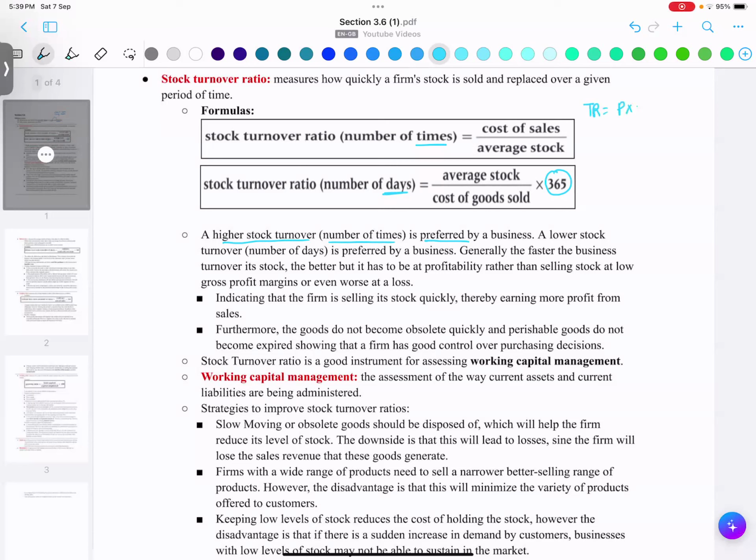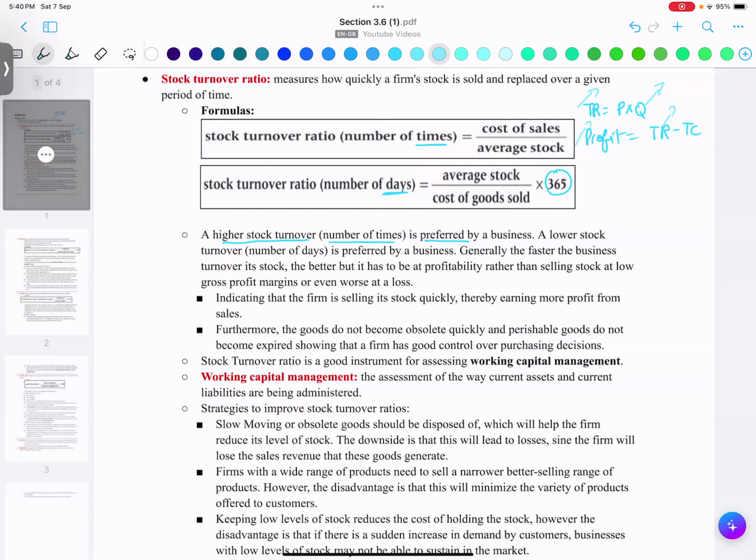So when our quantity increases, so does our total revenue, because when they have a high stock turnover, it means that they're selling a lot of their stock, and they're selling it in a pretty fast amount of time, right? Because it's number of times, the more they sell their stock and replace it, that means they're selling a lot. So basically an increase in total revenue is going to cause an increase in profit. So this is how it really works.